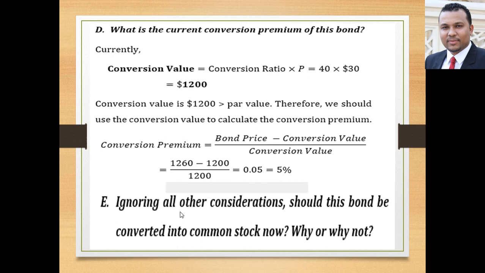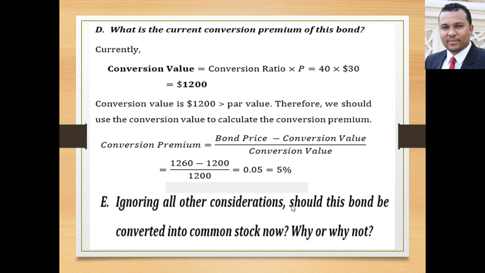So this bond should be converted into common stocks. But we ignore all factors like tax, risk, yield, all other considerations. With this, when we ignore all other considerations, yes, this bond should be converted because it's profitable for the bondholder to convert this bond into common stocks.